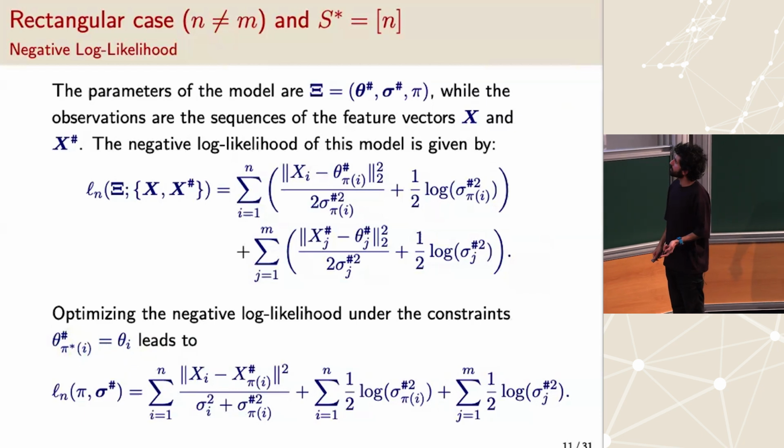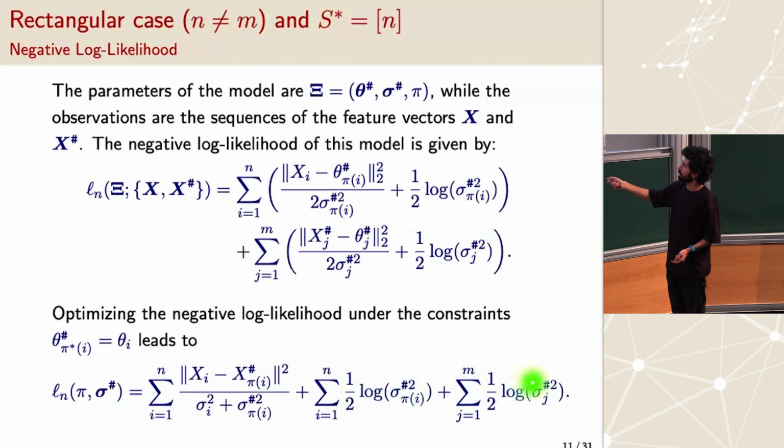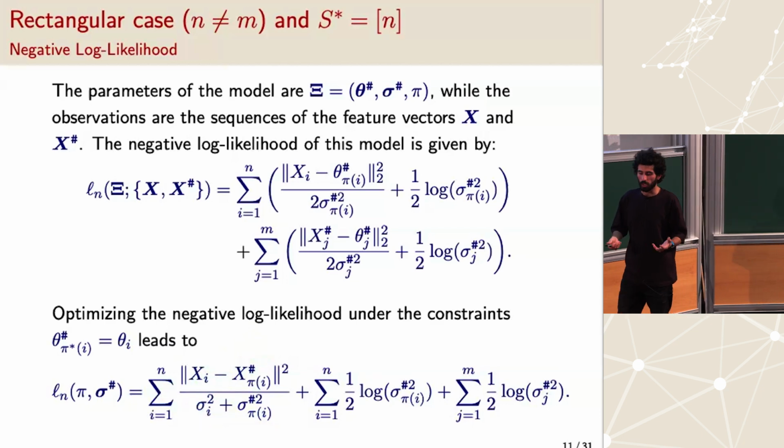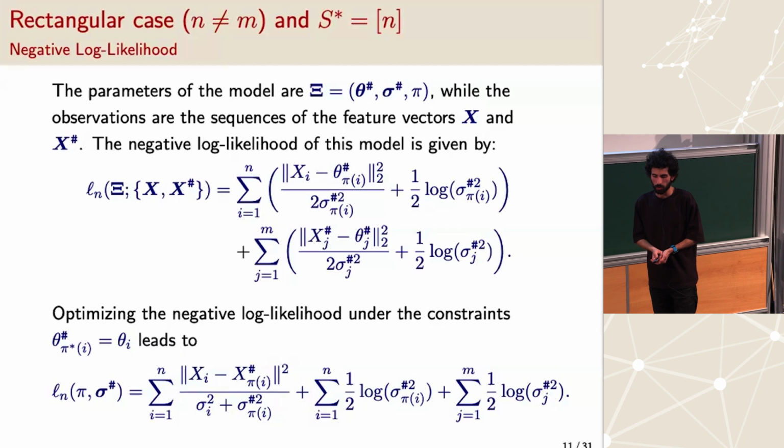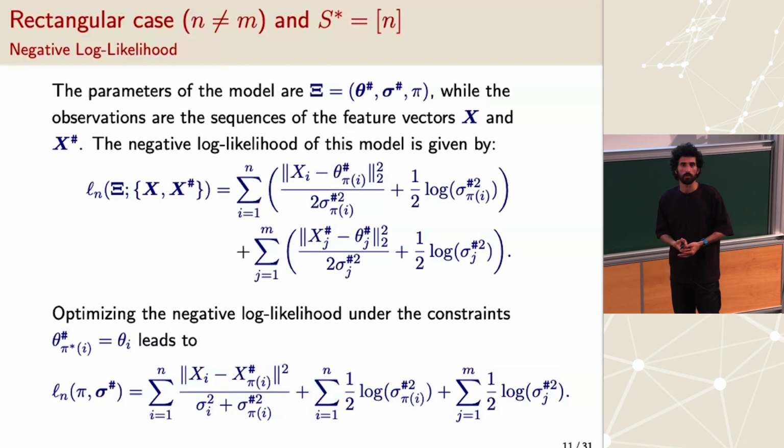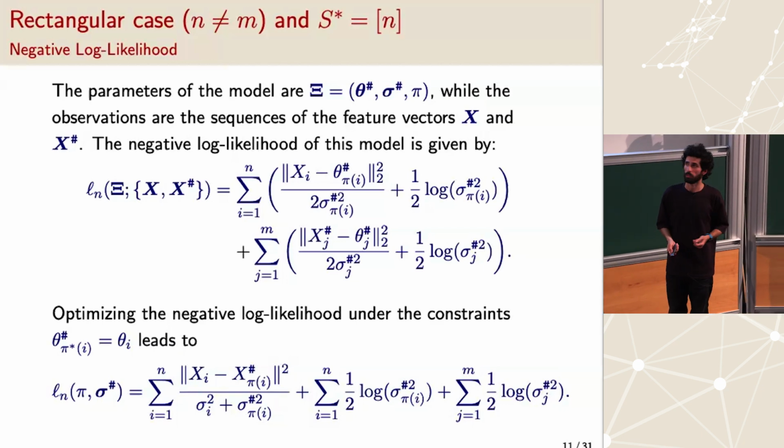And it's not difficult to show that after optimizing, we are getting the quantity over here, and something that includes only the variance terms. So basically, again, what we are trying to do is minimize the weighted, or normalized, sum of distances for a given pi.